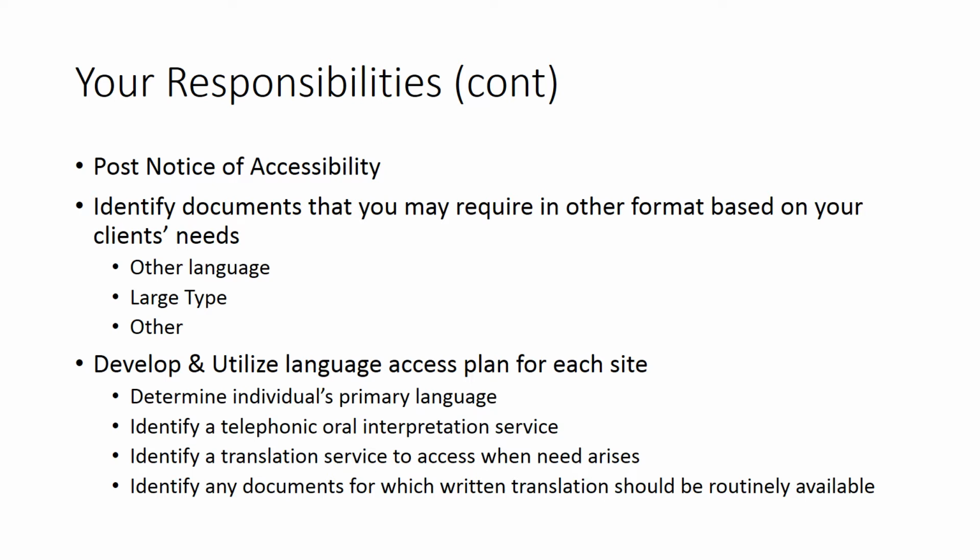Maybe you keep those numbers posted so you're not having to scramble to get them. Find out what the services are in your area and have that information ready in case you need to call. Also look to see if there are any documents that you think need written translation. Beyond written translation, is there something we need to be doing in large type or some other format for some of your patients who need accommodations to be successful within their program?